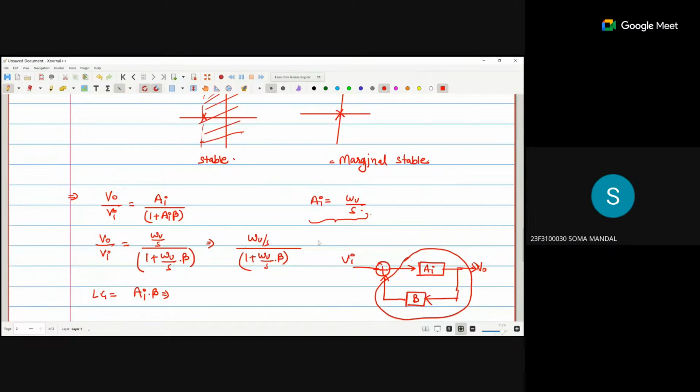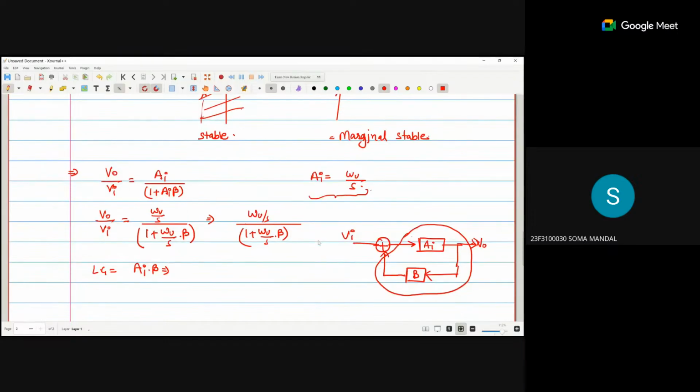Sir, loop gain function of single stage is A1F divided by 1 plus S by omega 1. No, actually I am just talking about the operational amplifier, not a single stage amplifier. Okay, you are taking the feedback path.